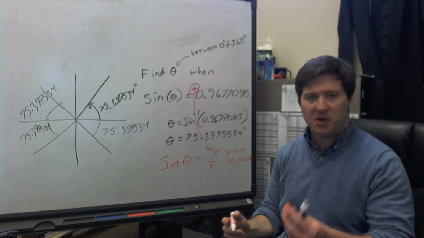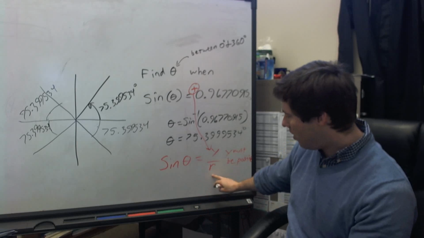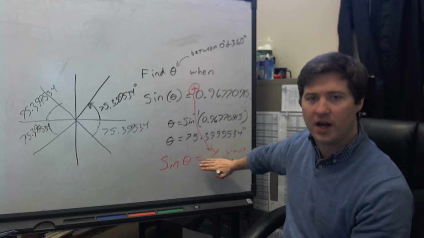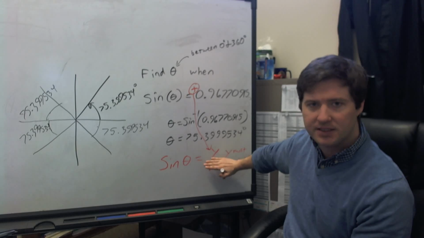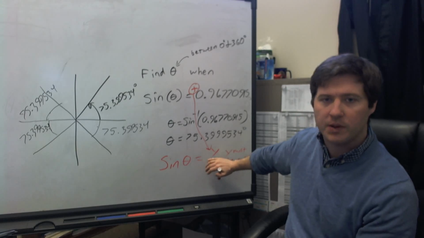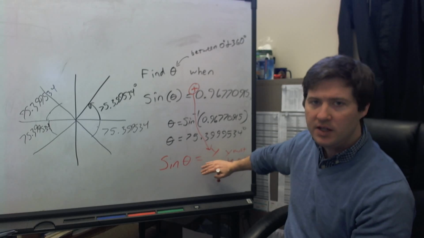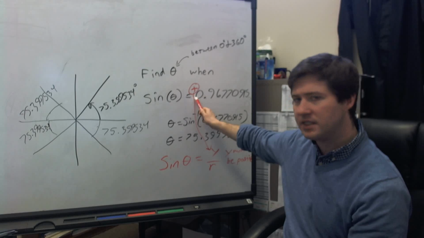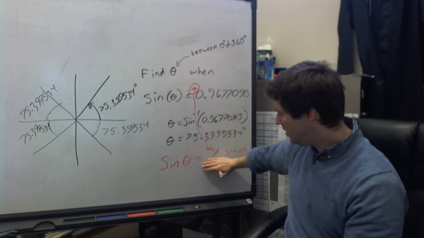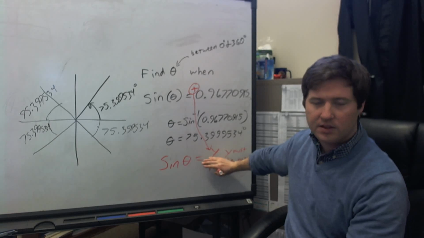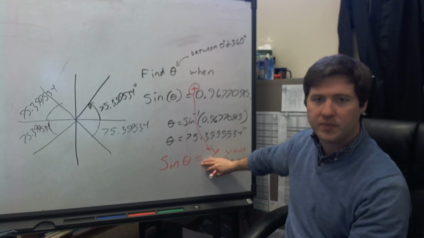I know I've said it before, but I'll probably say this all semester. r is always positive, so we can really just disregard that in all of our analysis. Anytime we're doing this analysis, the only things we're really looking at are the other variables, x and y. So in order to get a positive here, since sine is equal to y over r, we have to have a positive y.